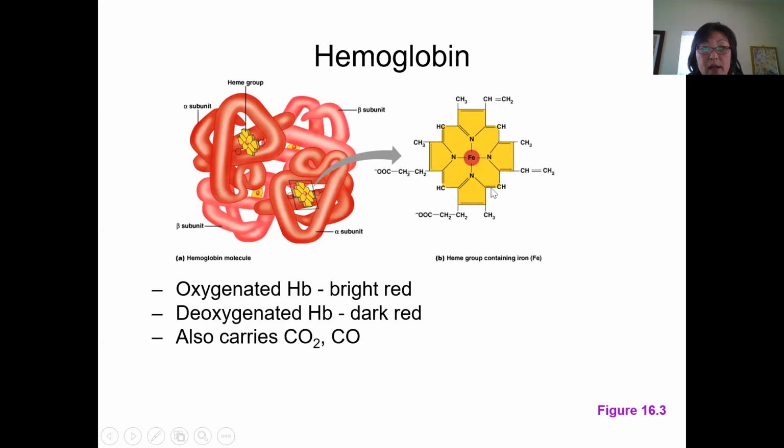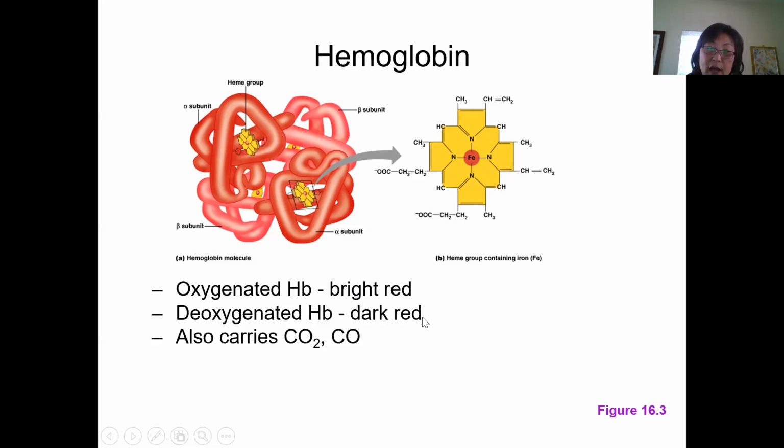Once the oxygen binds to the hemoglobin, your blood will turn a brighter red color. If oxygen unloads from the hemoglobin, then the blood will be darker.